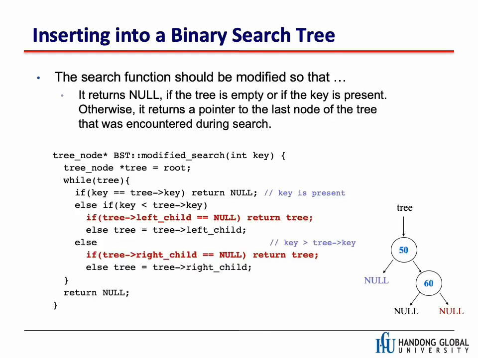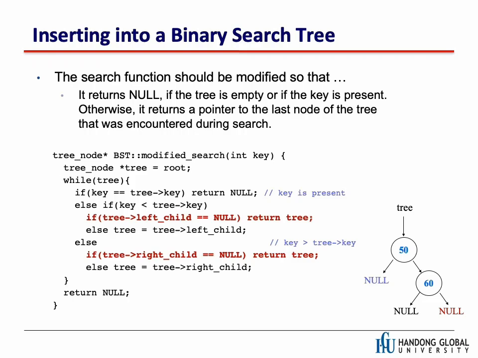In the previous slide, I described the algorithm of insertion. If we don't have the same key in the BST, then we find the right place for the new key. The right place is actually the null pointer of one node.